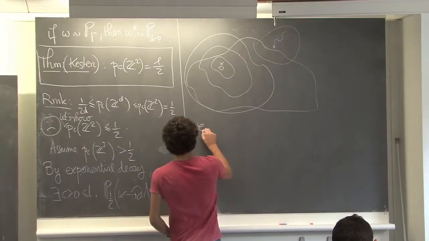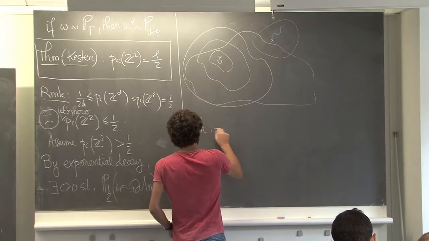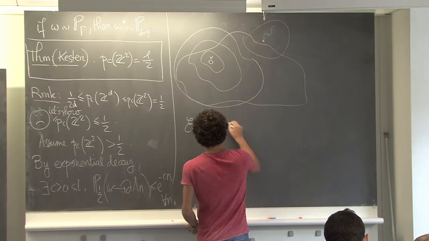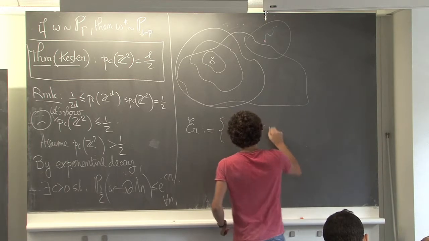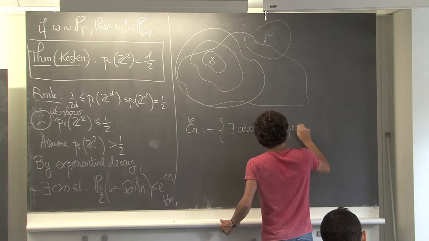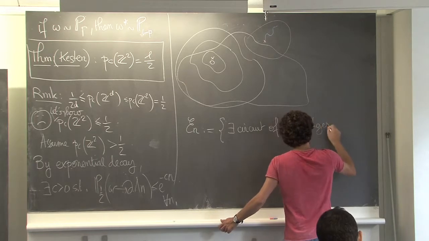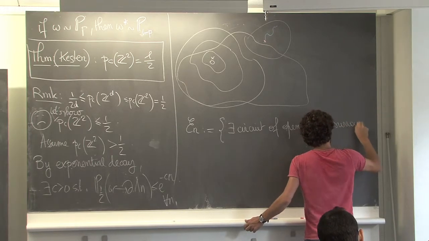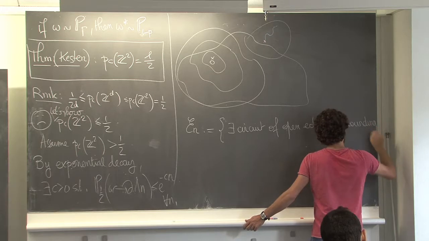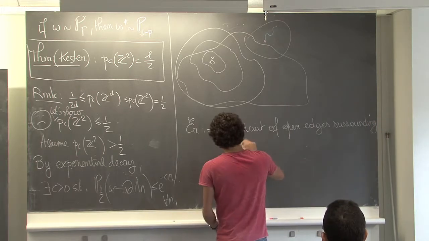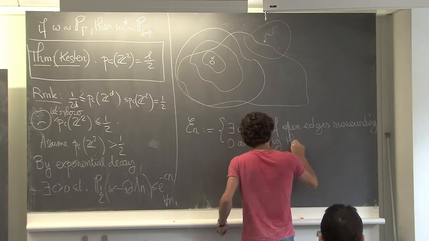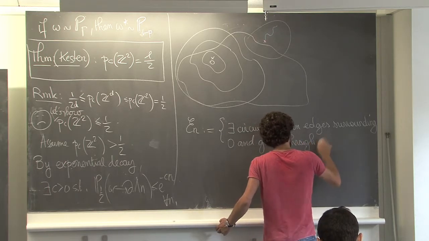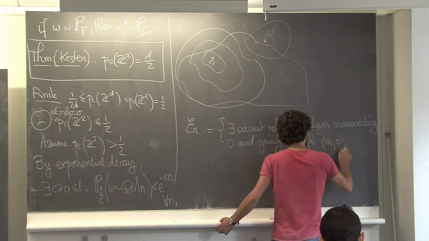So I'm going to define E_n to be the event that there exists a circuit of open edges surrounding 0 and going through, say, the vertex (n,0).